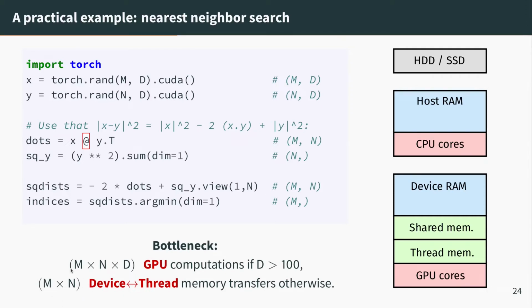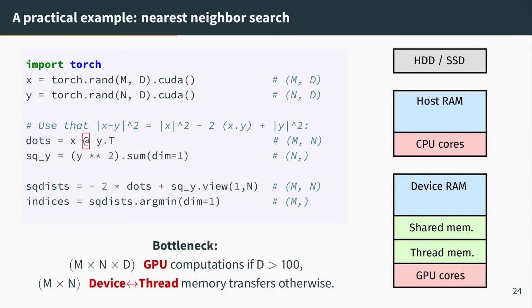Whereas if we have many dimensions, for instance, if we are doing k-nearest neighbor search on MNIST, which has 784 dimensions, then we're going to be bottlenecked by the GPU computation. Every time you see a 100 in today's talk, it is going to be about this latency of memory accesses. So that's a third strategy.